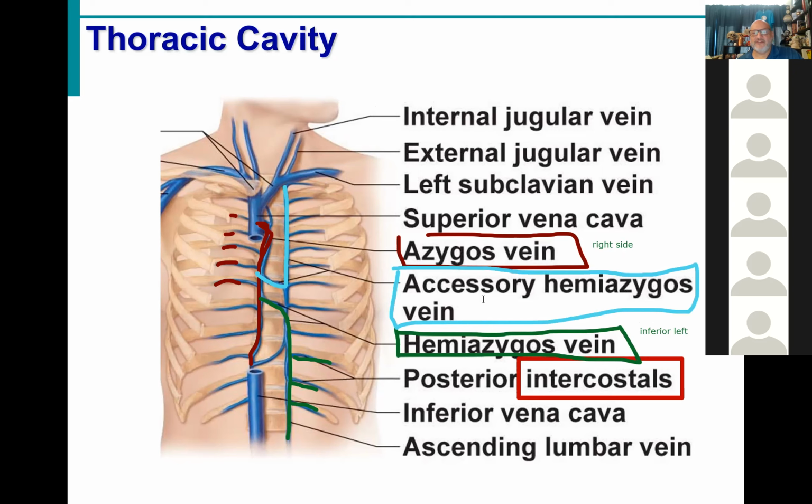So the accessory hemiazygous drains the superior left, hemiazygous, the inferior left, and both of them feed into the azygous. So the azygous drains the right side and collects all the blood to deposit it into the superior vena cava. And don't ask me why, I have no idea, just the way it is. Weird, interesting. We need to learn 3 names. We really should have to learn just 2, a left and a right of something, but it is what it is.